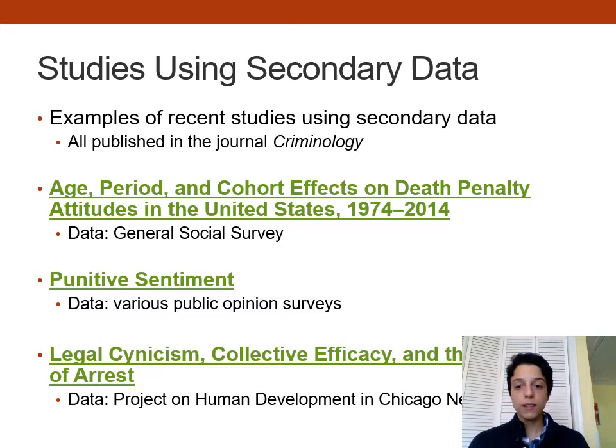Here they're looking at what people think about the justice system and how connected they feel to their neighborhoods, and also how that tracks with patterns of arrests. So again, these are all data sets that are just out there and available to anybody who's interested in them, and you can get some really cool projects out of them.